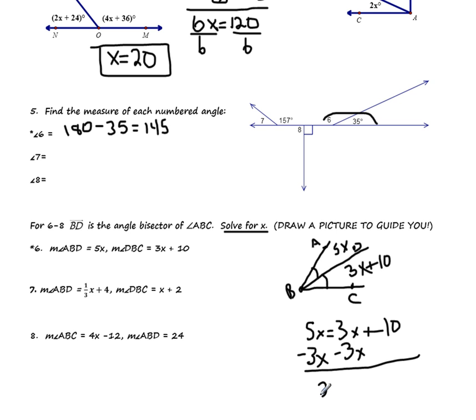That gives us 2x equals 10. Divide away the 2, and x equals 5. So the answer here is x equals 5.